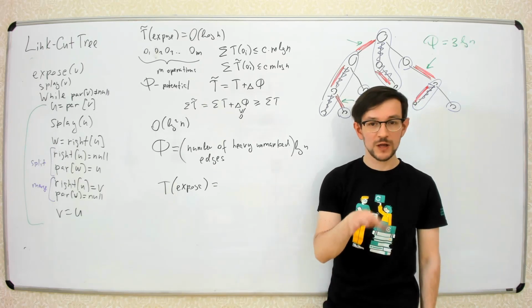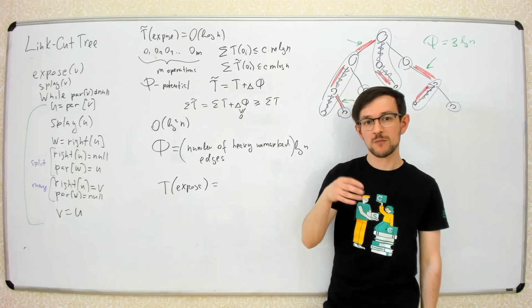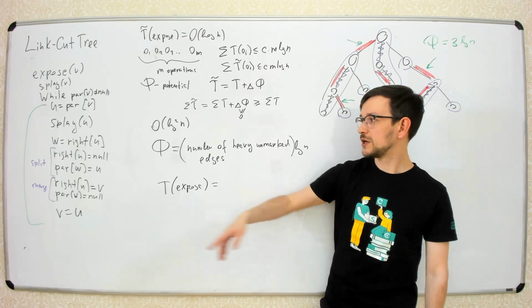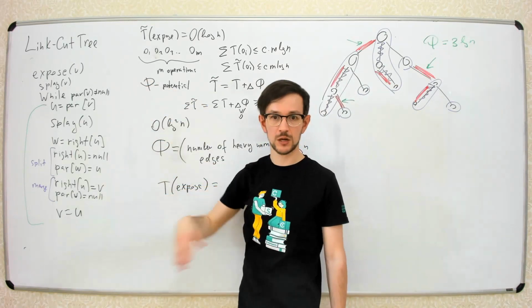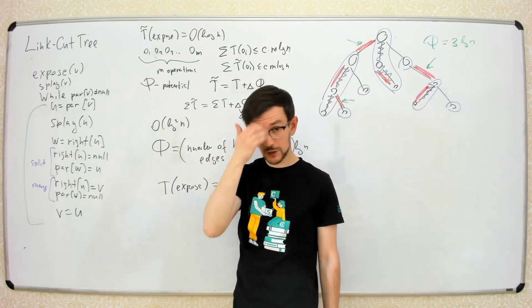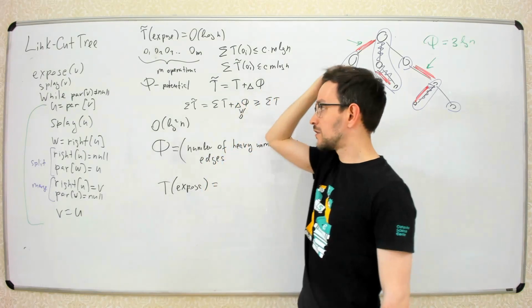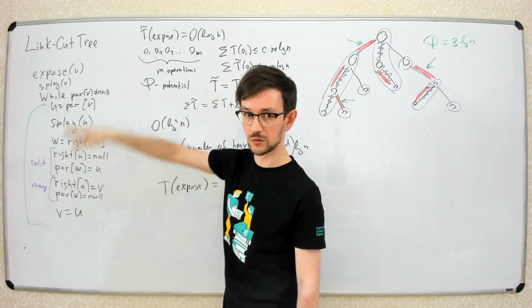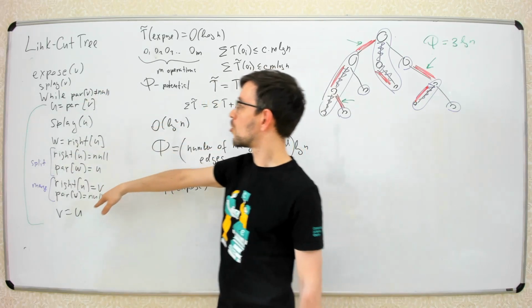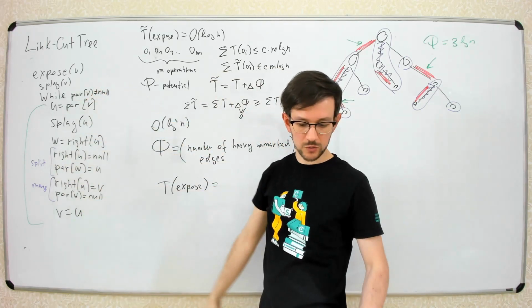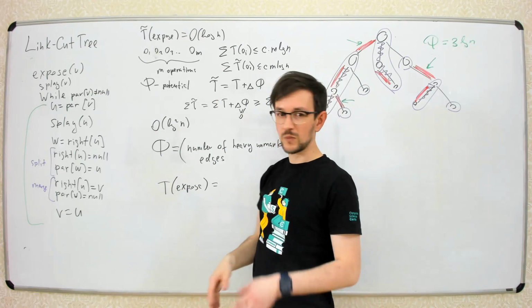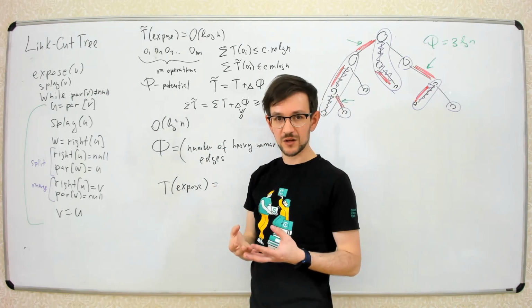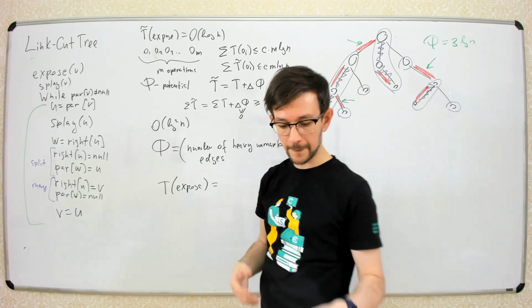So I want to calculate the real time complexity, the real number of operations we need to implement this expose operation. This expose operation consists of several iterations of this while loop. So on each iteration of this while loop, what is the time complexity of all operations inside?